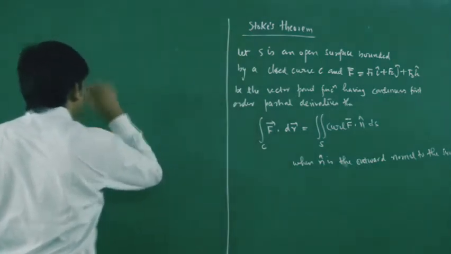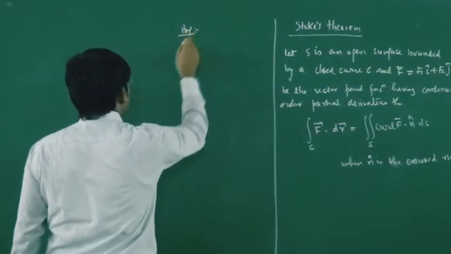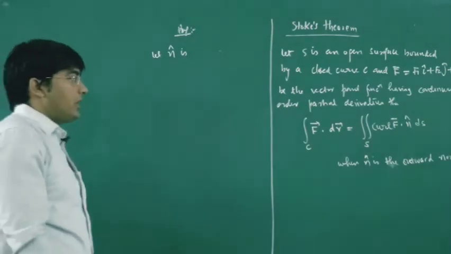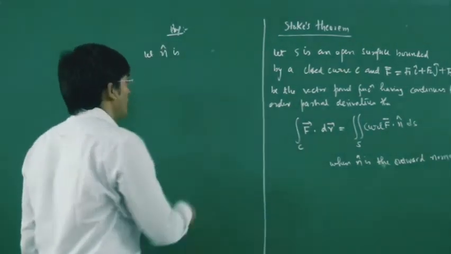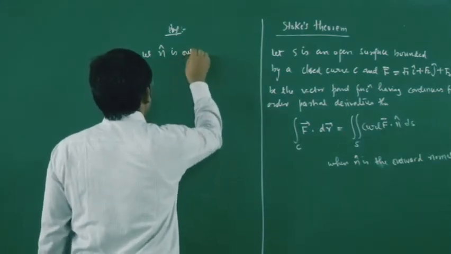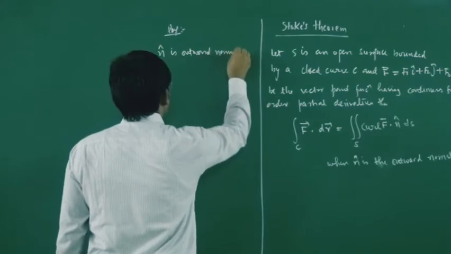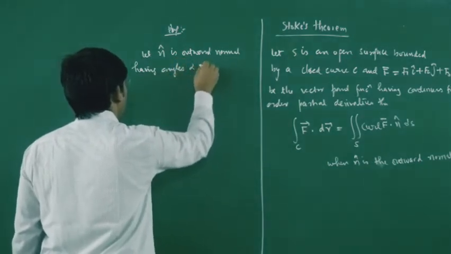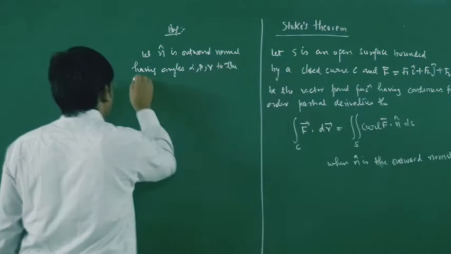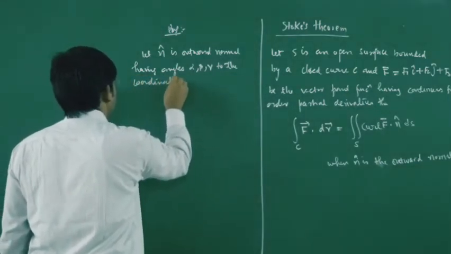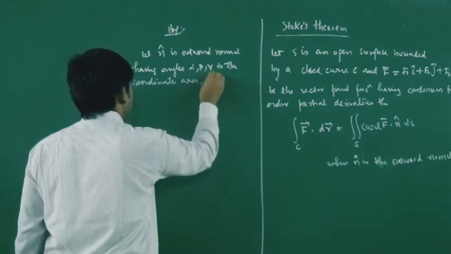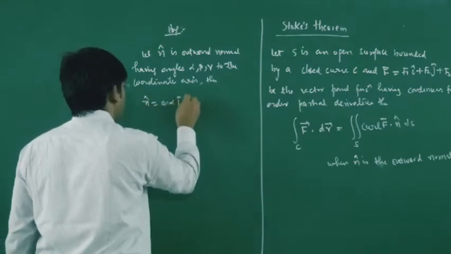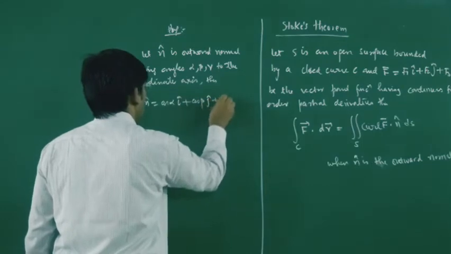So proof: let n cap be the outer normal to this surface S, having angles alpha, beta, gamma to the coordinate axes. Then n cap will be cos alpha i plus cos beta j plus cos gamma k.